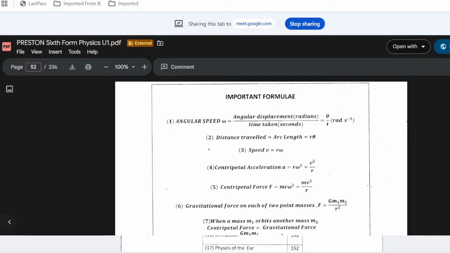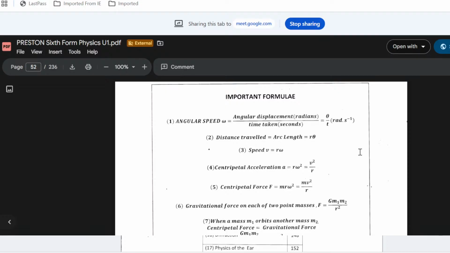In terms of circular motion, you can be asked about the conditions. What are the conditions required for circular motion? There should be a force towards the center of the circle. What else?